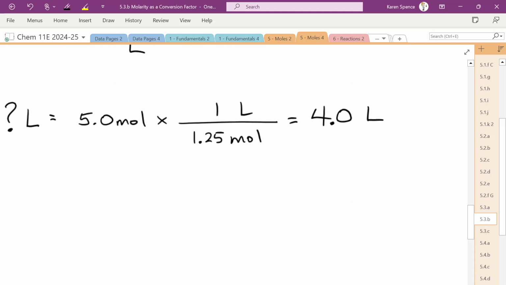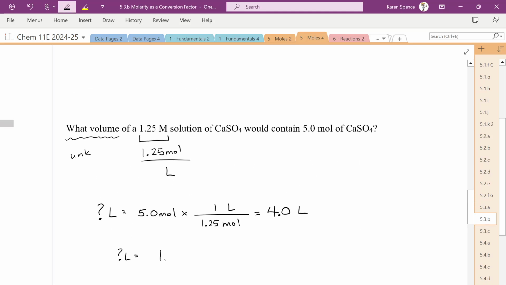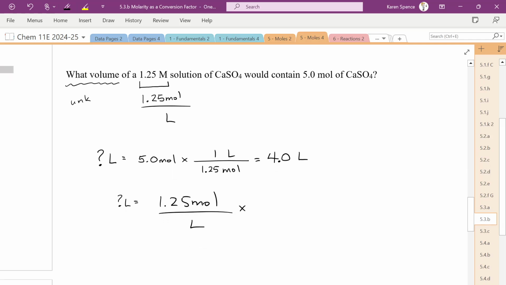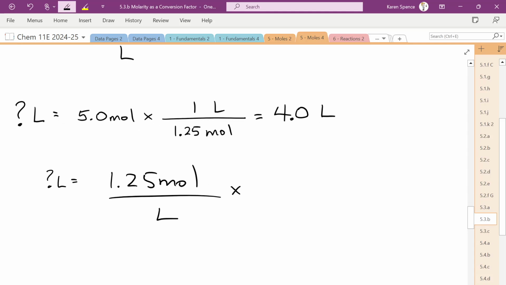Now, sometimes people want to write, you can do it this way. They get a little confused and they're like, oh, 1.25 moles per liter times, right? And then they get stuck. Yes? Because if you start with that, now you've got moles on the top, your liters are on the bottom, so that's going to be problematic because we want to have liters on the top.